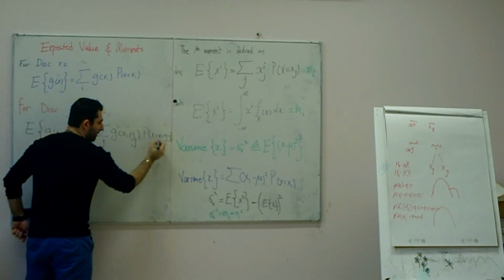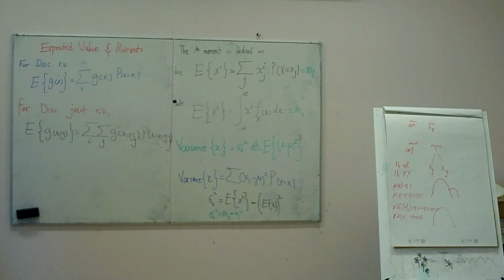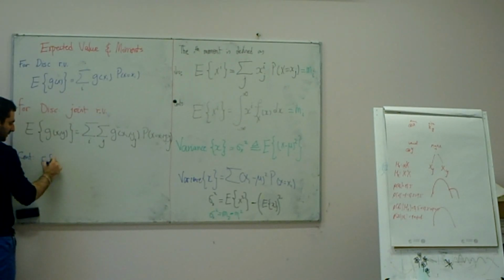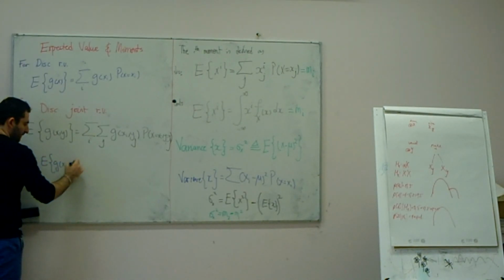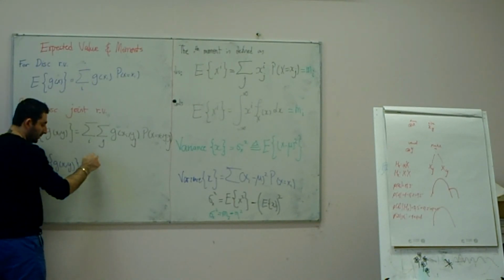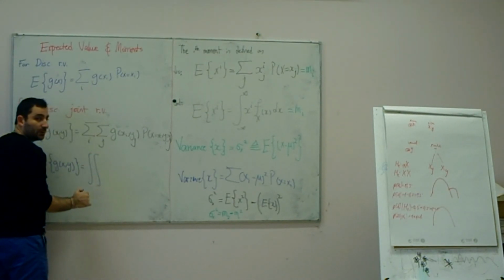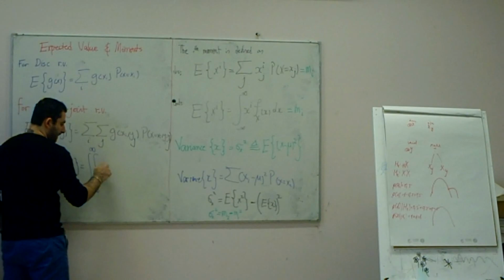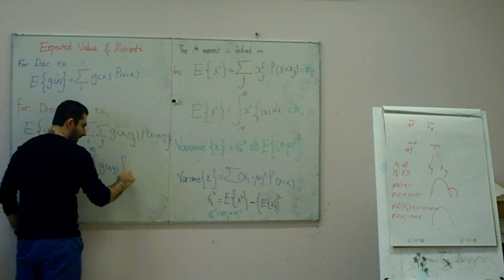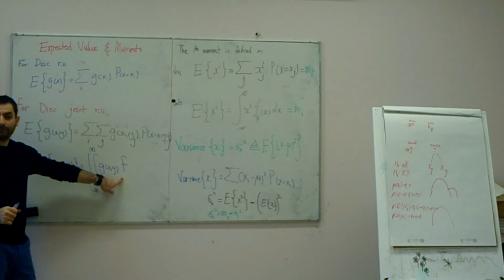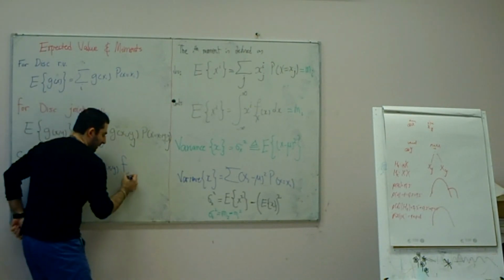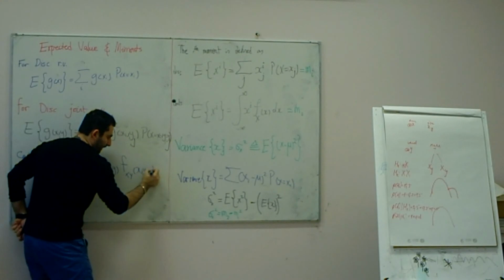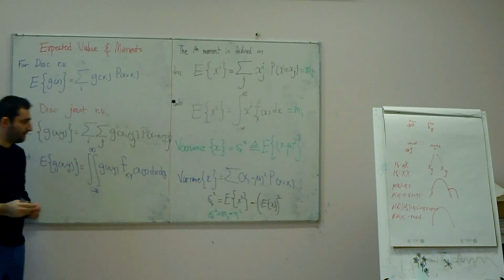What will happen if it is continuous? Which integral? Both x and y. What are the boundaries? Minus infinity to plus infinity. What do I have to write here? f of x y, dx dy or dy dx.